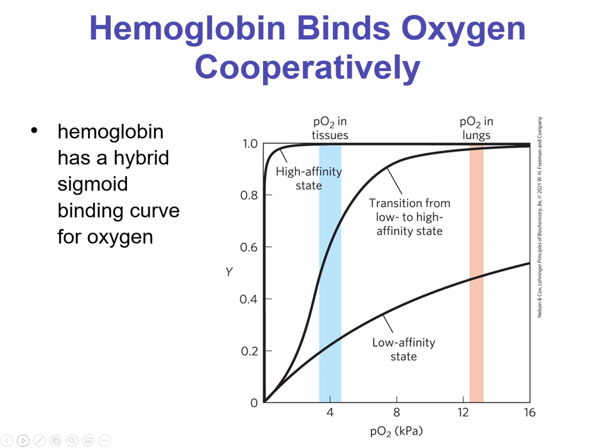Now, in your textbook, there's some talk about Hill coefficients that I did not include in here. We're not going to talk about Hill coefficients. I just want you to know that hemoglobin binds oxygen cooperatively. Jumping into all of the math and understanding Hill coefficients and how you can use those plots to determine whether or not something is binding cooperatively is a bit above our pay grade.